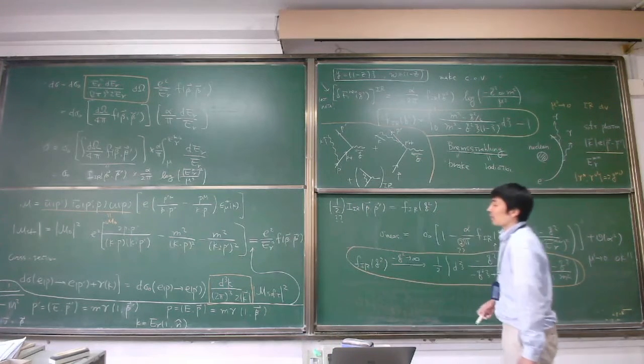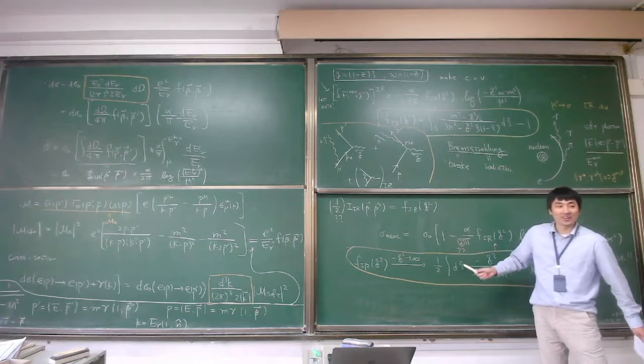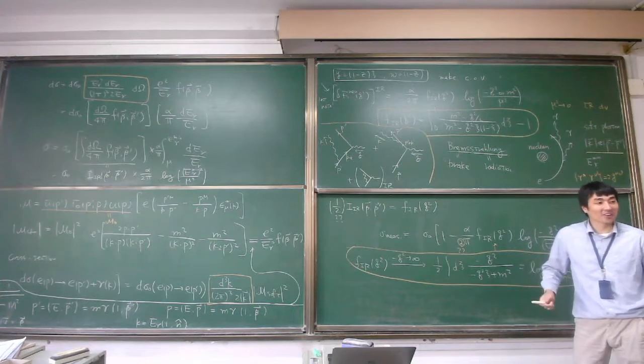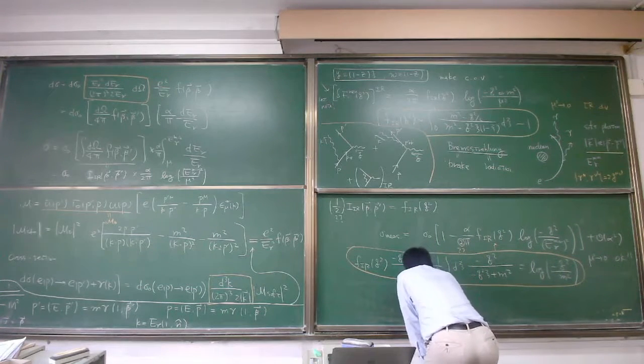Does anybody identify where this factor of 2 problem is in the lecture note? Okay, you don't know. I'll check later.